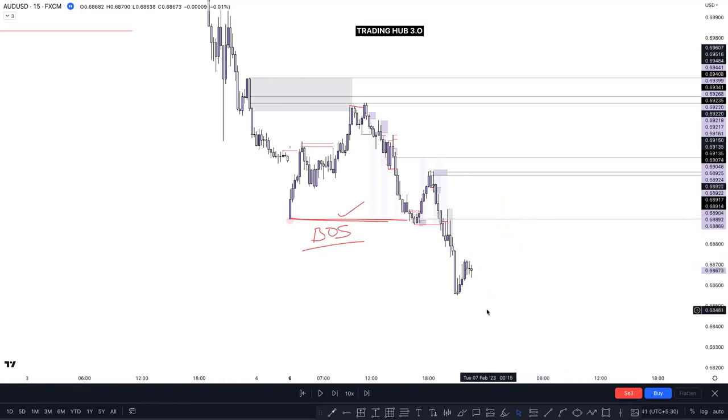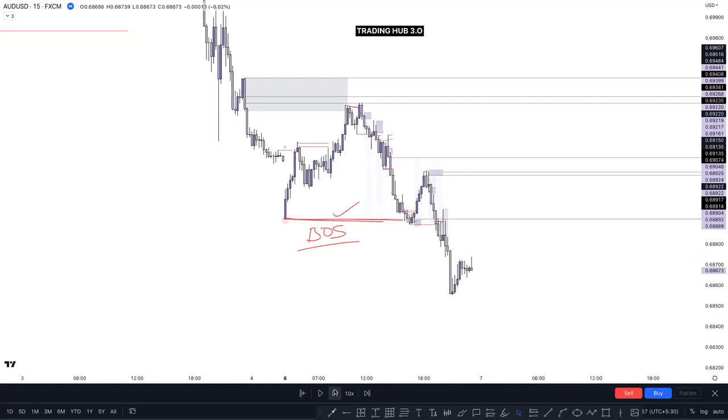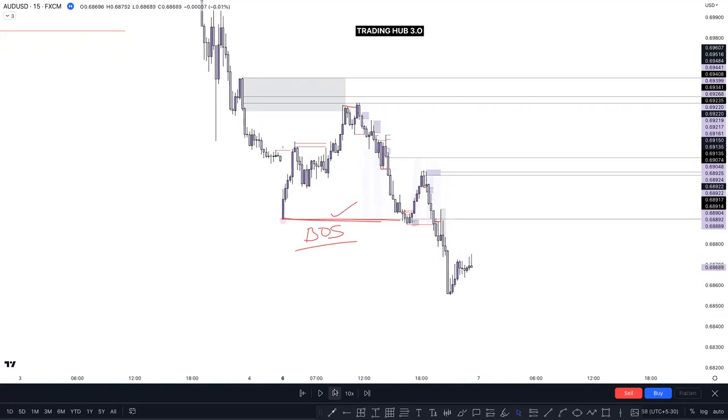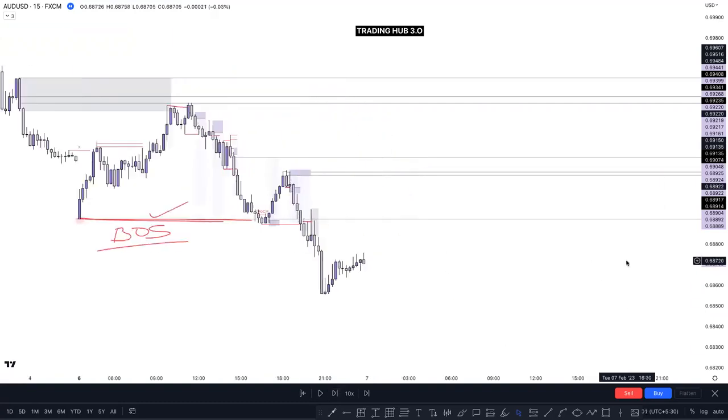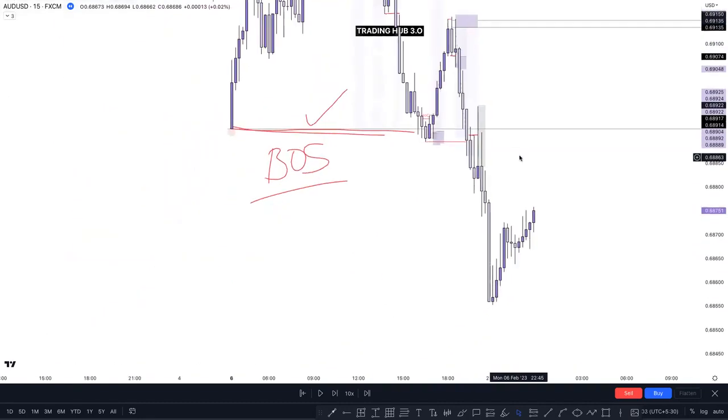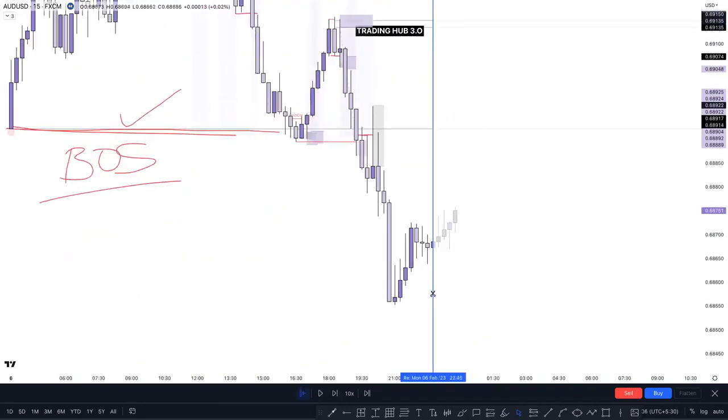And always switch to the 1-minute time frame. First of all, you have to identify the 15-minute higher time frame PY, right? I'm talking about 15-minute as a higher time frame. You can do a similar thing on the 1-hour and 4-hour time frames also, right? So let's see what is happening here. Okay, look at this one. This looks very interesting here.